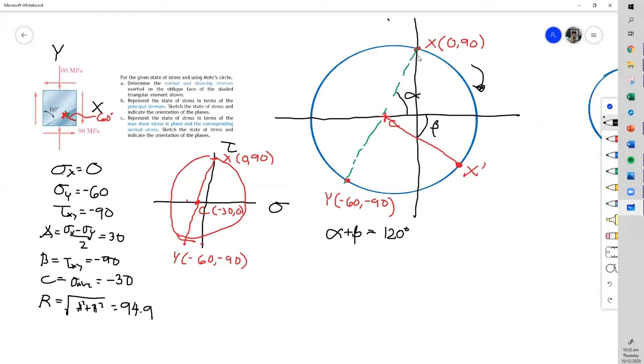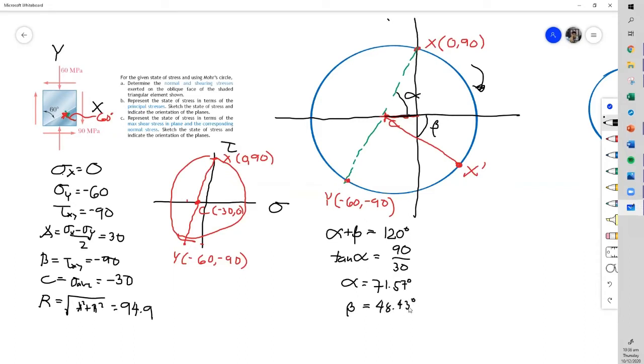So we can easily find alpha since we know that this height is 90, and then this width, ito po, that's just the x-coordinate of C, which is 30. So we know the tangent alpha is equal to this height, which is 90, over this width, which is 30. So alpha equals 71.57 degrees.